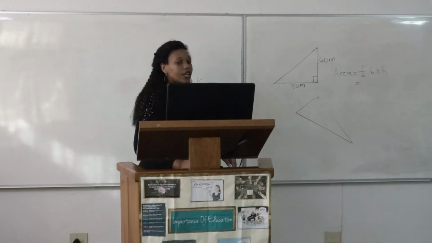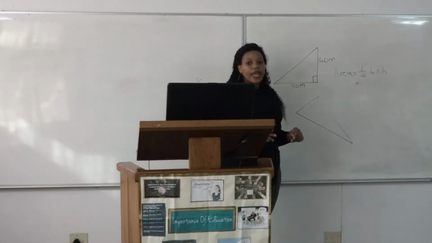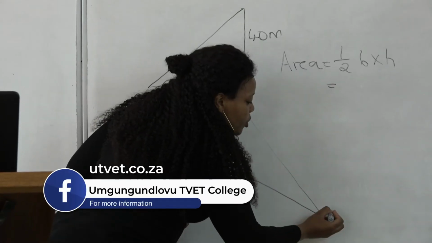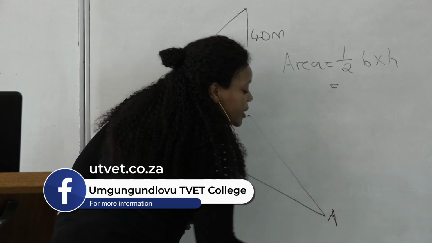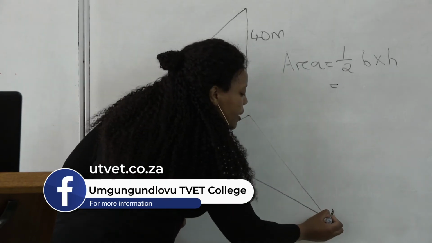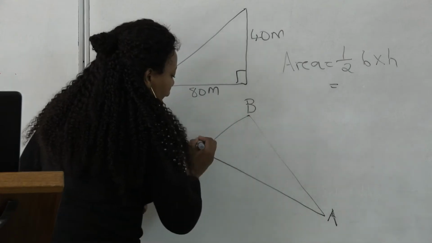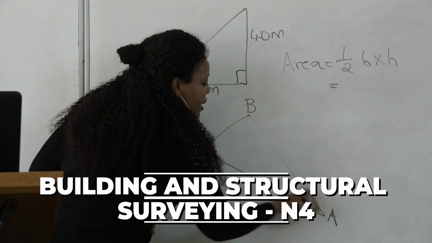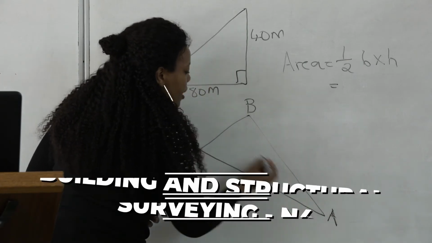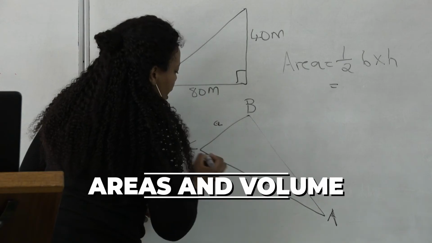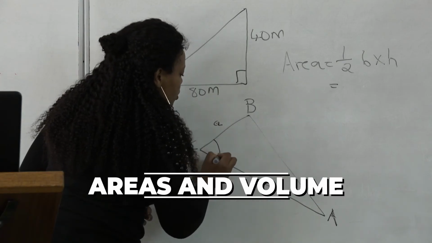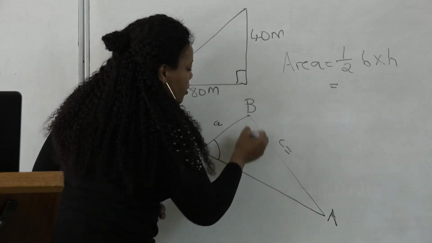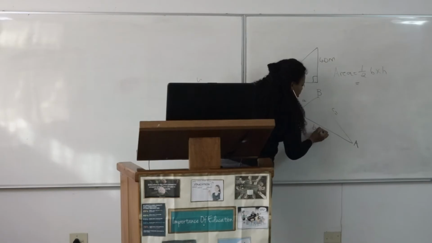So on your freehand sketch of your triangle, you need to name your triangle. You use capital letters for angles: A, B, and C. And for sides, we use small letters. The side that is opposite angle A will be small a, the side that is opposite angle C will be small c, and this one will be small b.